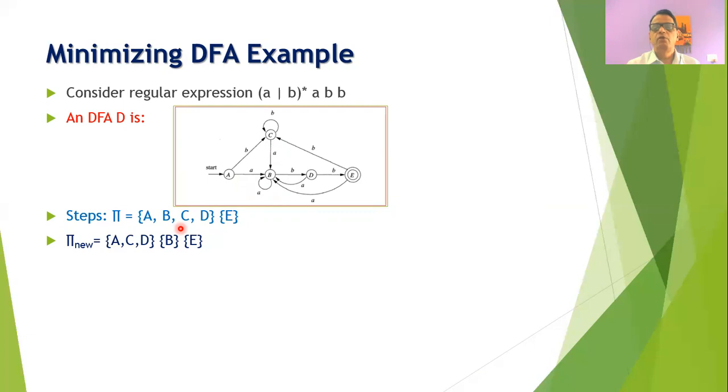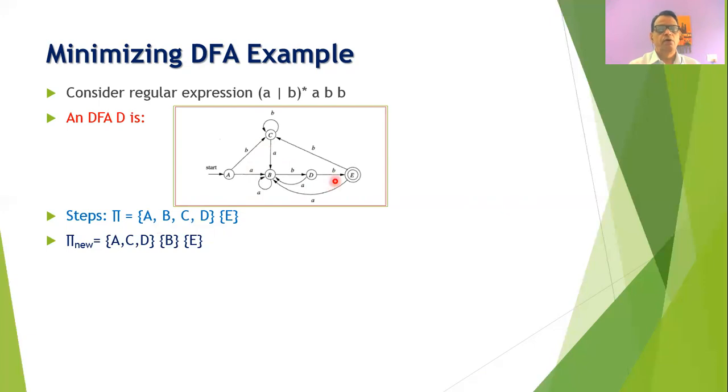But now we will check for the other input symbol b. From A, there is a transition to C on b. From B, there is a transition to D on b. From C, there is a transition to C itself on b. And from D, there is a transition to E on the input symbol b.